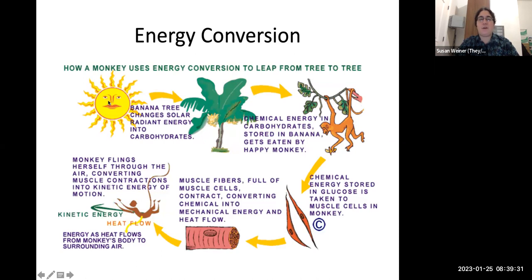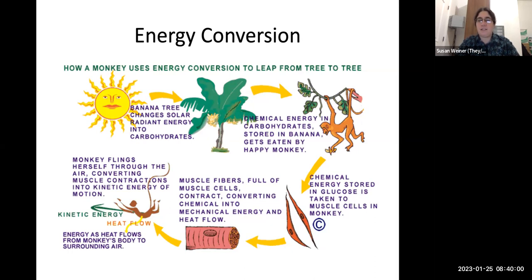So we start off with the sun producing radiant energy, and the plants can convert that radiant energy into carbohydrates. So those carbohydrates are produced into the fruit. In the banana, in this case, the monkey comes in, eats the banana. That chemical energy that's stored in the carbohydrates is now stored in glucose in the monkey.